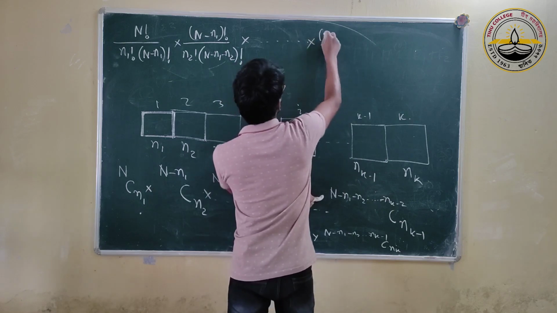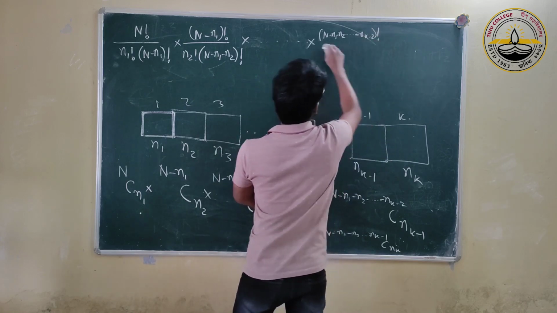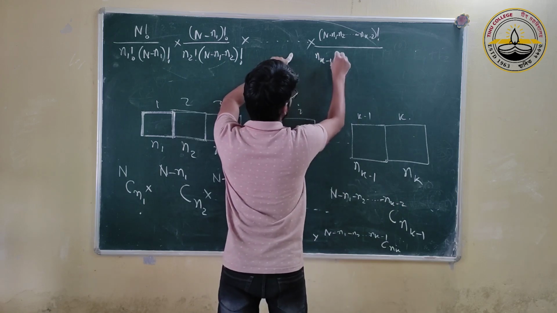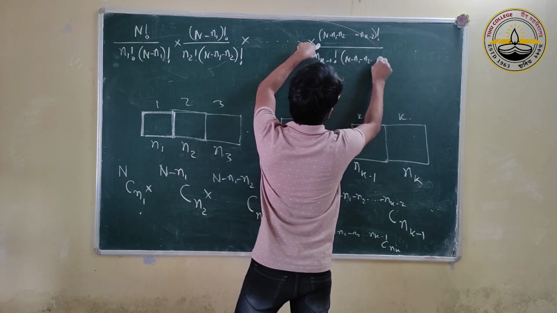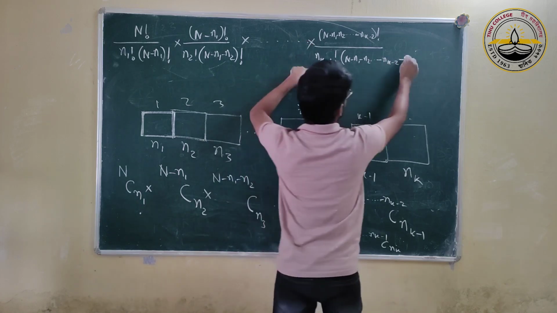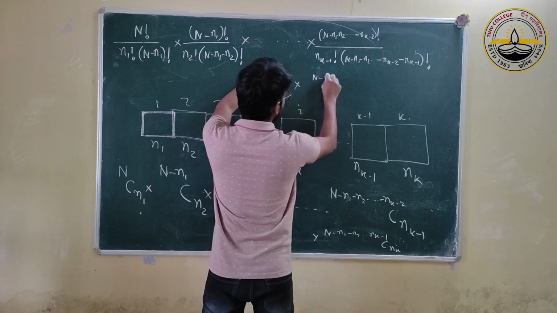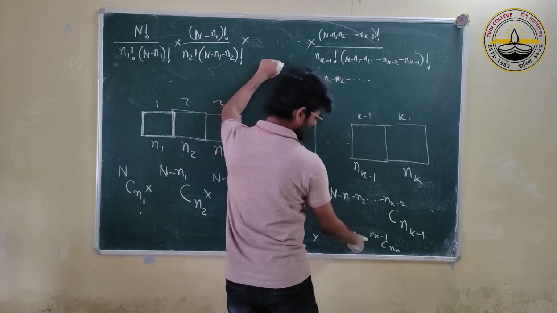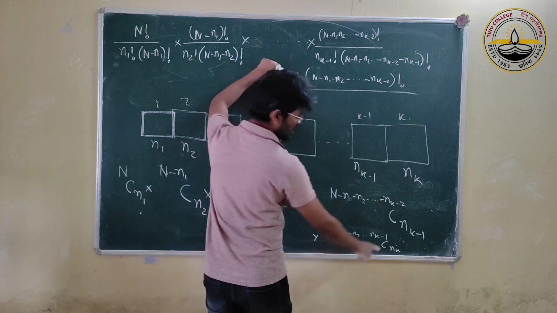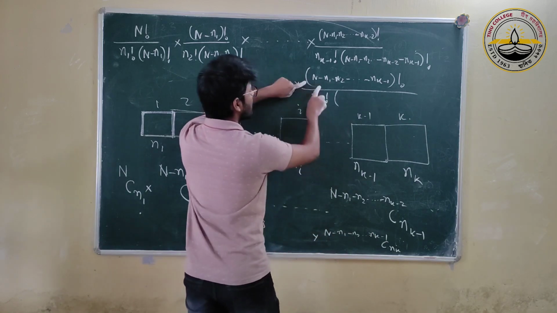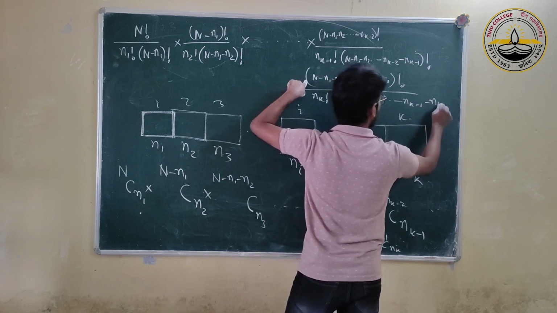This thing, (n minus n1 minus n2 minus dot dot dot n(k-2)) factorial by n(k-1) factorial, and then this minus this, so (n minus n1 minus n2 minus n(k-2) minus n(k-1)) factorial, and the last one, (n minus n1 minus n2 minus dot dot dot n(k-1)) factorial divided by nk factorial, and then everything will be minus now, (n minus n1 minus n2 dot dot dot n(k-1) minus nk) factorial.